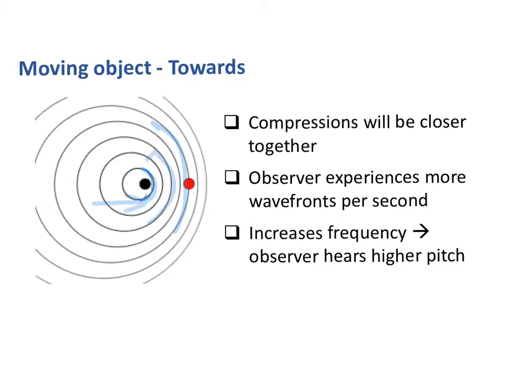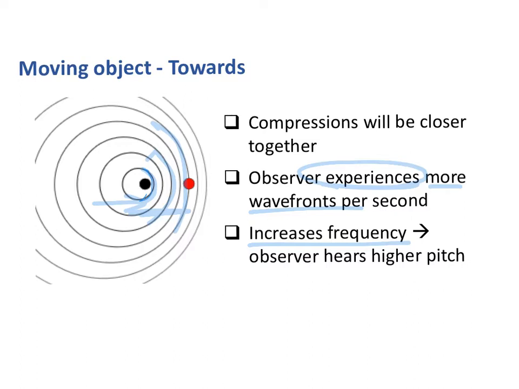So the source creates the waves at the same rate, but it catches up to its waves. Now what that means is in front of the source, the compressions get closer. If the compressions get closer, then the observer experiences more wavefronts per second. More wavefronts mean an increase in frequency. It's an experience. It's not a true change in frequency, but you will experience it.